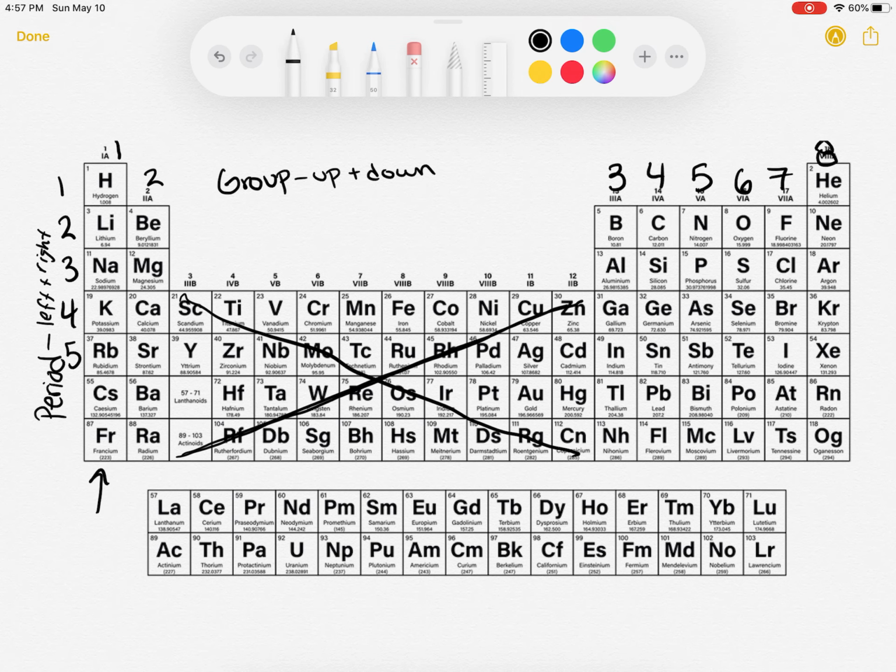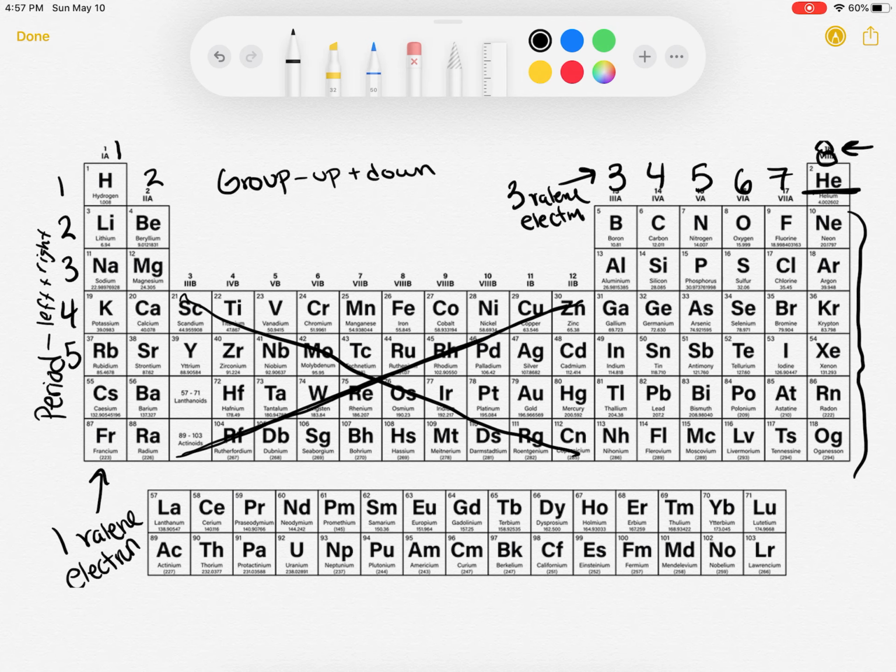Group 1, I'll have 1 valence electron. Group 2, I'll have 2. Group 3, I'll have 3 valence electrons, and so on. You have to be a little careful with 8 here, because helium, remember, only has 2, but the rest of these all have 8.